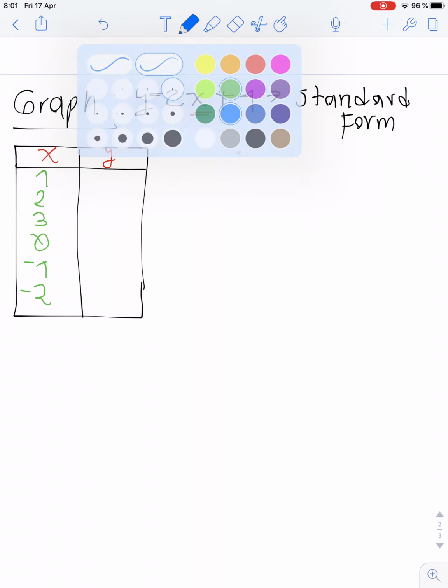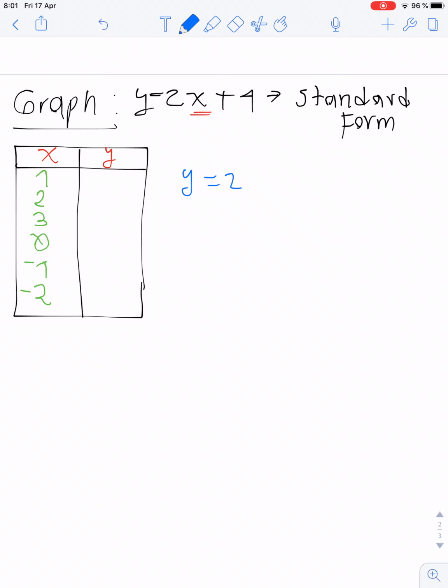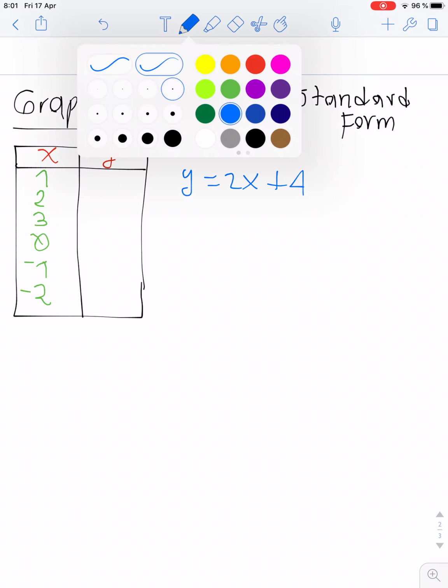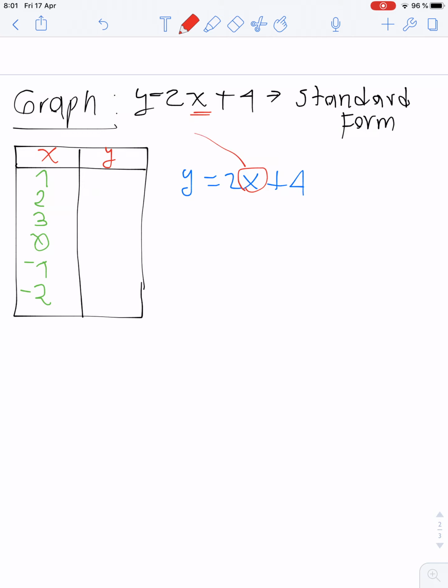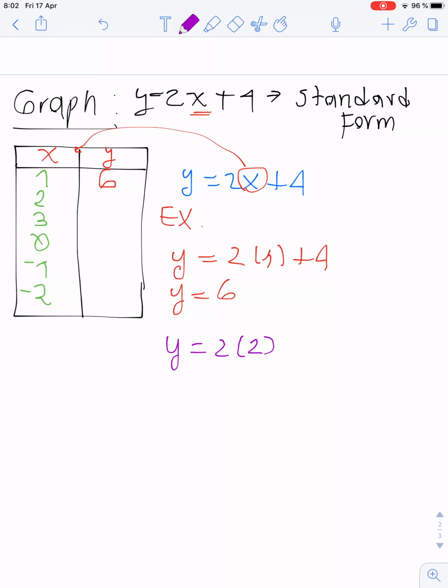Now, with the expression y equal 2x plus 4, we're going to replace every time the values for x with the values you have in the table. Taking the first value, y equal 2 times 1, which is 2, plus 4 is 6. Therefore, the value for y when x is 1 is 6. Doing it with 2, y equal 2 times 2. Remember, when you have a number and a variable together, you are multiplying.